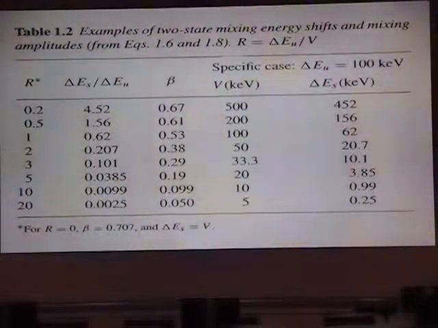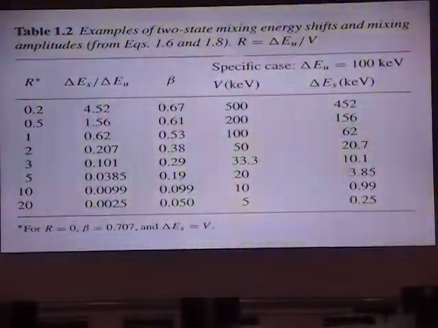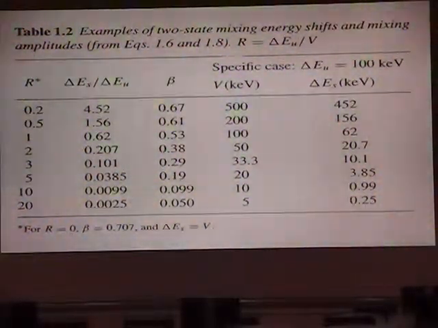Suppose R is 20. In other words, the states are far apart. Okay, then the shift over the unperturbed is very small. The wave function amplitude is very small. And here I have a calculation for a separation of 100 keV. So R of 20 means the matrix element is 5.